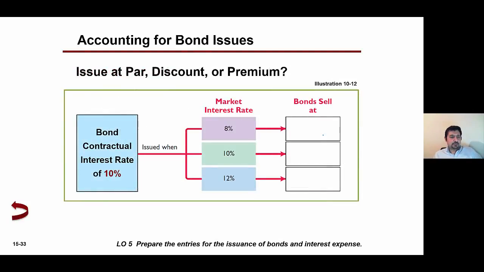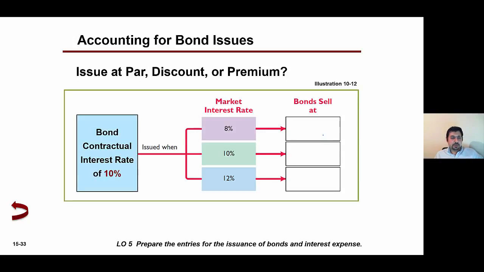Now, companies might issue bonds either at par, at a discount, or at a premium. When the company issues the bond at par, it means the interest rate of the bond is equal to the market interest rate.